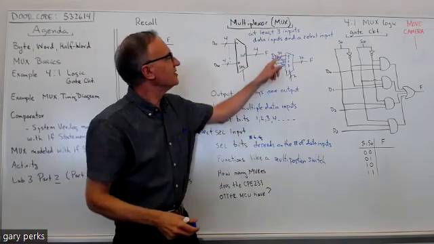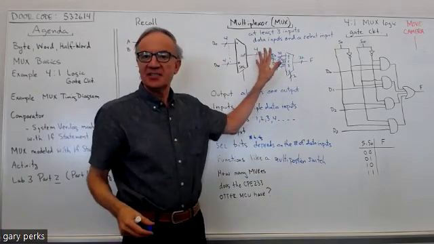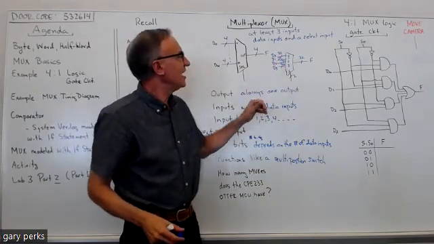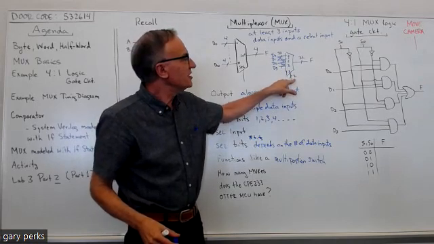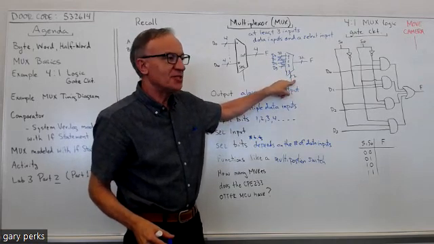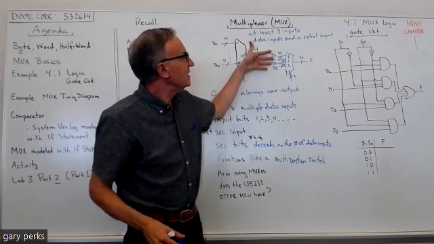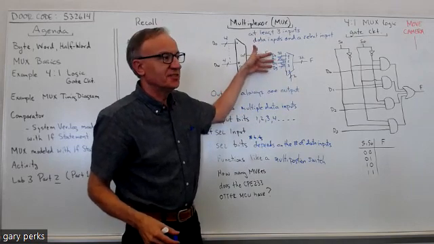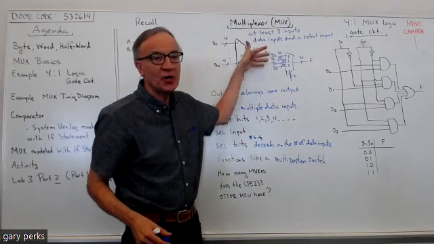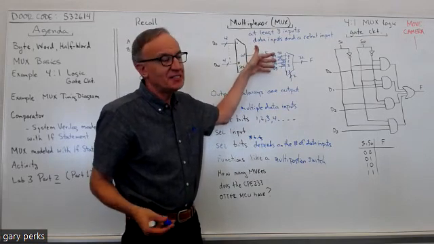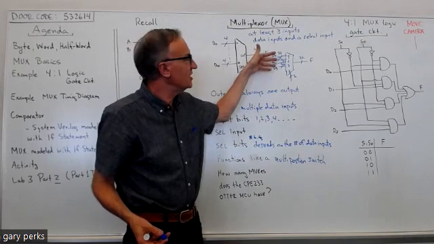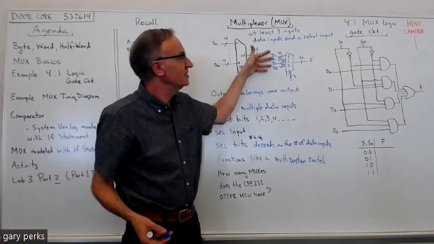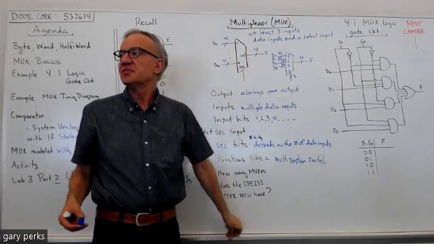See, it doesn't matter the number of bits that the data inputs and the output have when determining the number of select bits you need. The only thing that matters is the number of inputs. As long as I have 4 data inputs, it doesn't matter how many bits each data input has. It only matters the number. So this would still be 2.